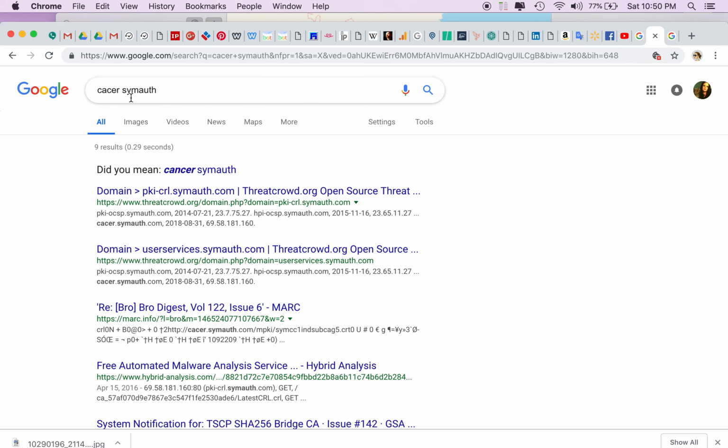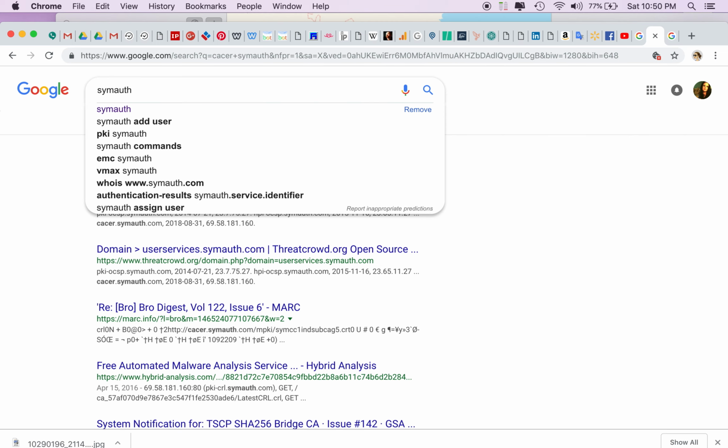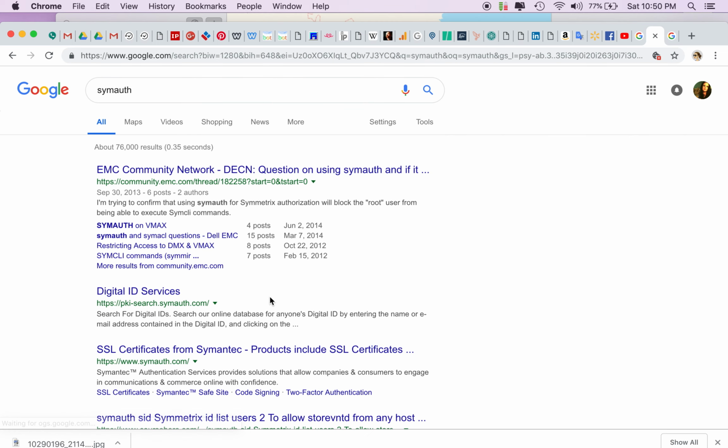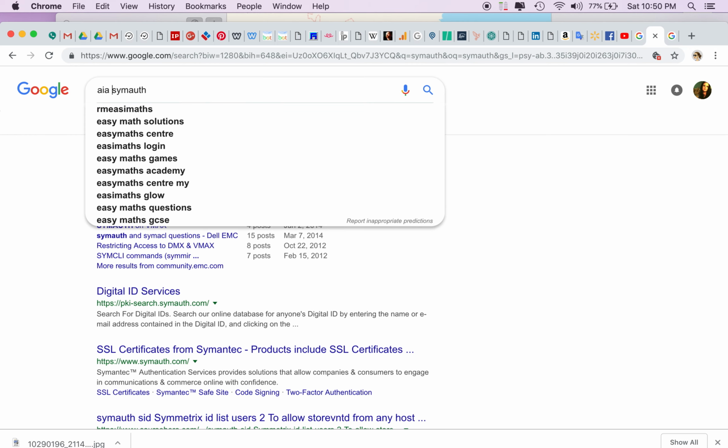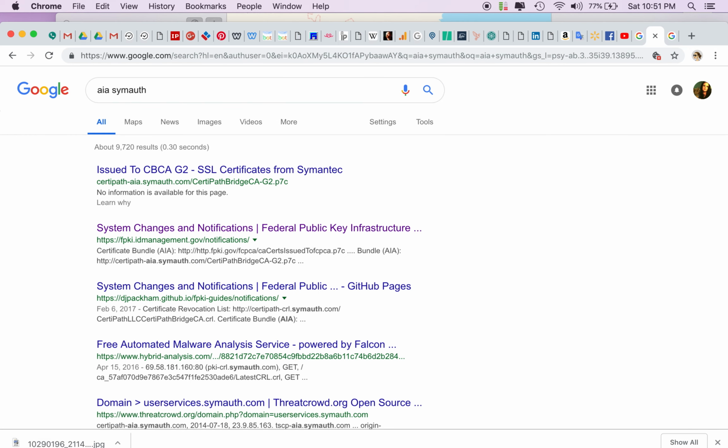Okay, so SimAuth, all right, it's digital ID services. And when I type in AIA, which has to do with this, it goes over to the Federal Public Key Infrastructure, which is basically all the federal keys.